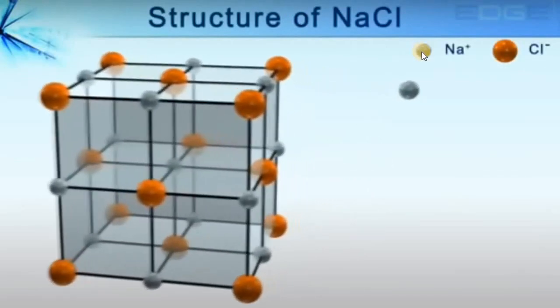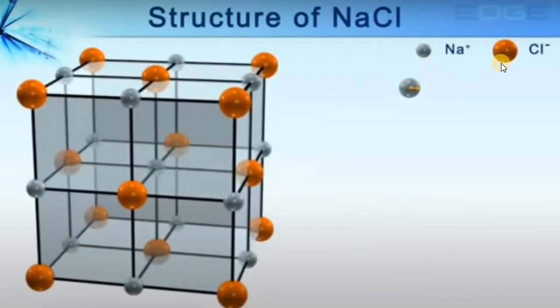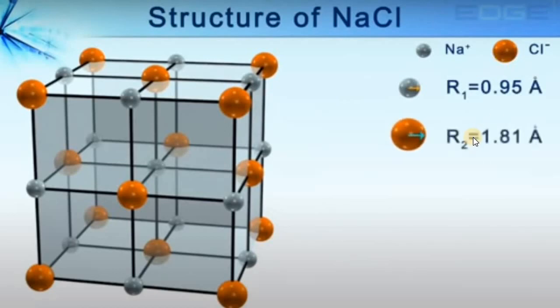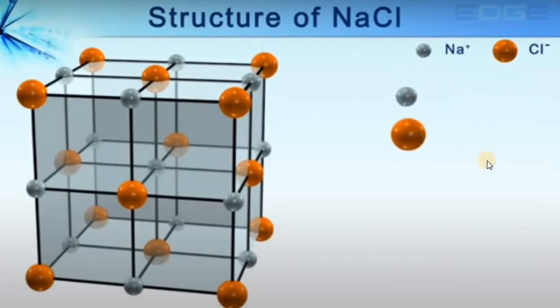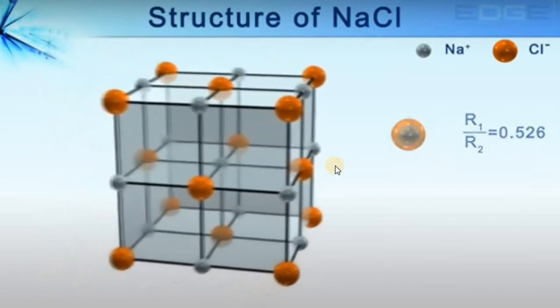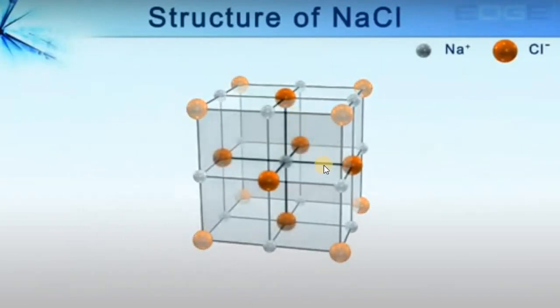Sodium ions are smaller in size as compared to the chloride ions. If we calculate the radius ratio for both of these, it comes out to be 0.526. This radius ratio suggests that each sodium ion, shown in grey, is surrounded by 6 chloride ions present in this cubic structure.